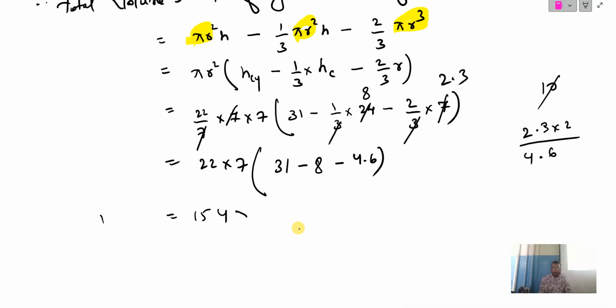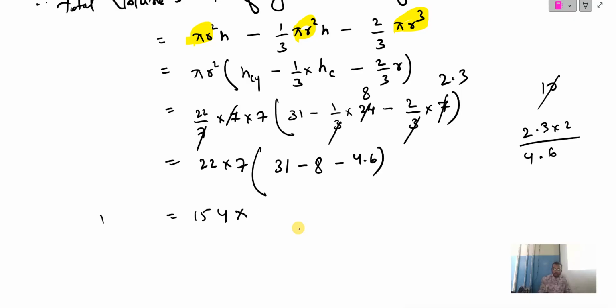Am I right? Yes, sir. So we got to know the total volume of the solid is 2833.6 centimeter cube. Now we need the area. Area means, you remember what areas we have here?